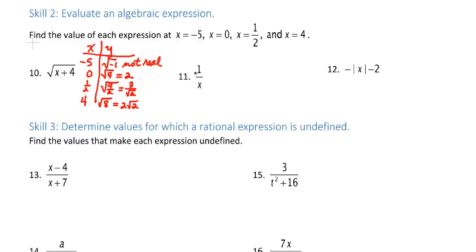Now if our expression is 1 over x, and we substitute negative 5, 1 divided by negative 5 is just negative 1/5. If we replace x with 0, 1 divided by 0, if you recall, is undefined.